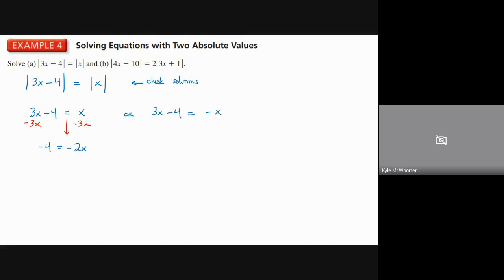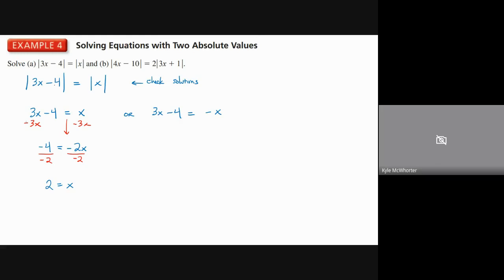Then to solve for that, I would need to divide both sides by negative 2. And that would give me a positive 2 equal to x. So one of my solutions is x equals 2.